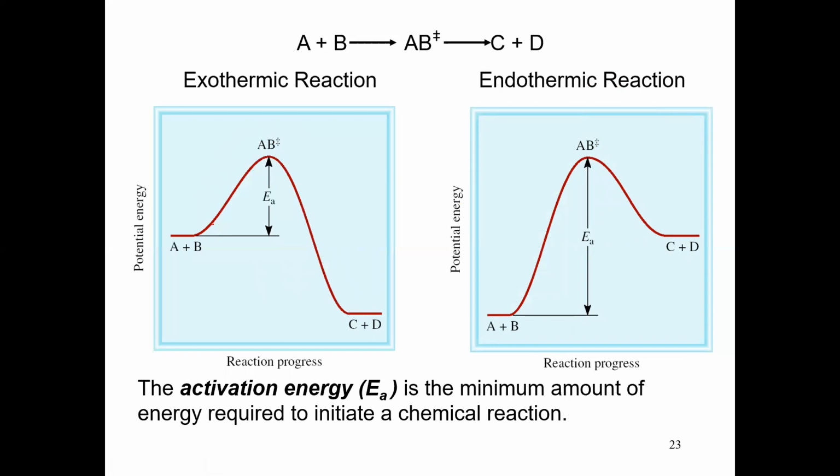So essentially, this needs a push up the hill. Up the hill. That's called the activation energy. For example, if you have paper and air, it doesn't catch on fire at normal room temperature. But if you strike a match to it, it'll easily burn. The match provides that activation energy for that reaction to take place.